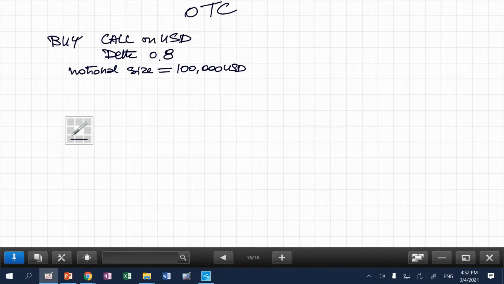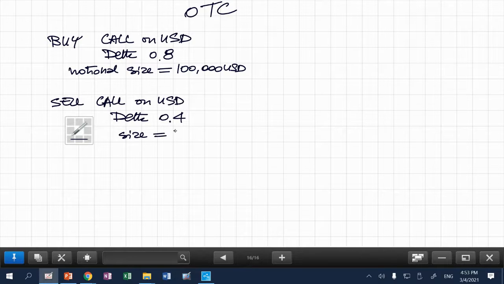This is the first position. The second position is that you have also sold a call on US dollars with a delta equal to 0.4 and a contract size which is now 300,000 US dollars.